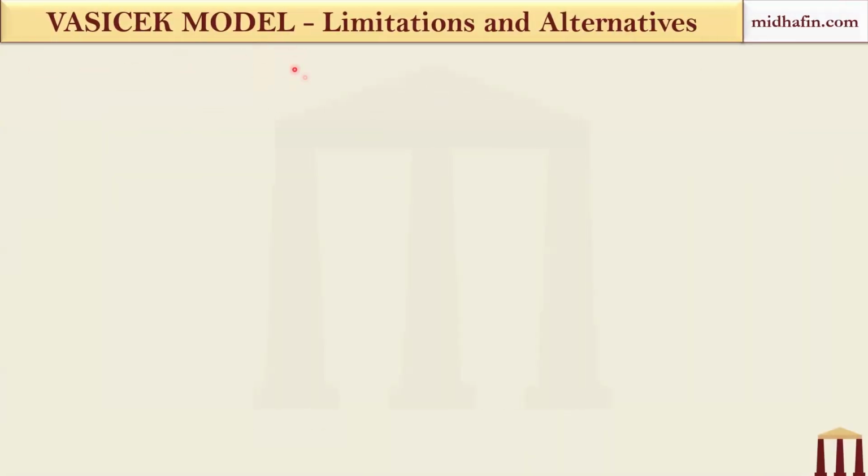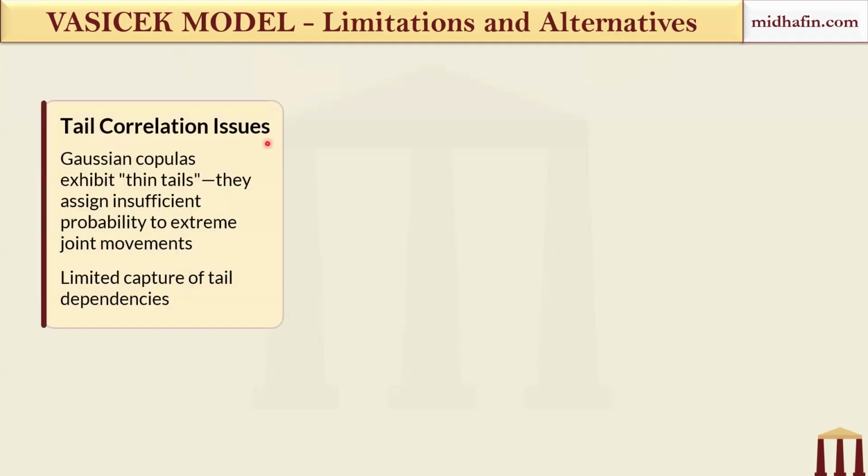Finally, let's look at the limitations of the Vasicek model and the alternatives that are used in practice. The first limitation is tail correlation issues. The Gaussian copula approach used by the Vasicek model incorporates very little tail correlation. It exhibits thin tails, which means the tendency for extreme events to occur simultaneously is low.